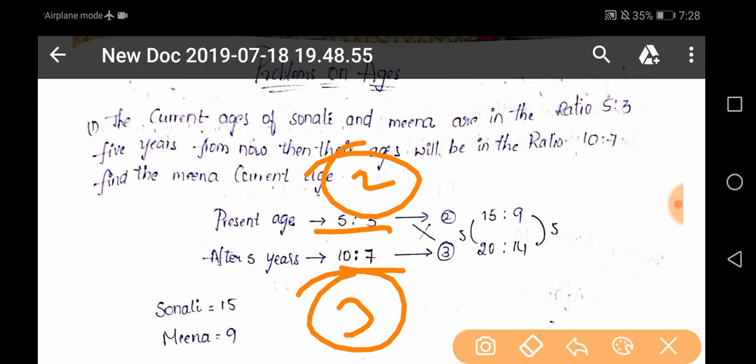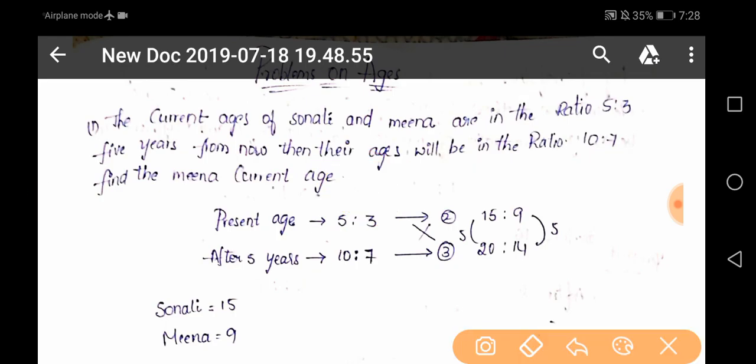In part 2 we did problems where both differences were the same, so we did them directly. If the difference is different, let's see how we do it. When the difference is 2 for one ratio and 3 for the other, just cross multiply: the 3 with 5 and 3, and the 2 with 10 and 7.